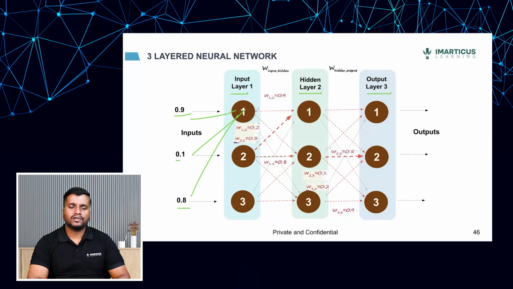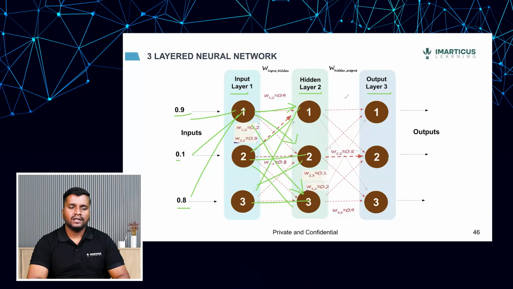If we talk about this neuron 1, it will have a certain activation function which will process the information, and this information is passed on to the hidden layer. It can be passed here, here as well as here. It is passed to all three neurons if it is fully connected, and all these three neurons will have information from each of these neurons like this. And again, the same thing is going to happen for the third input neuron as well, and it will process the information and transform the output in the next layer.